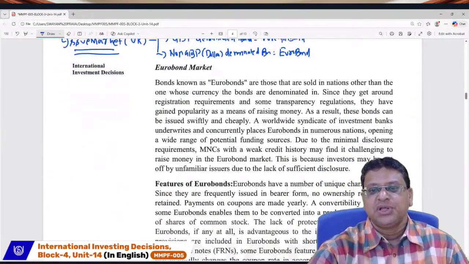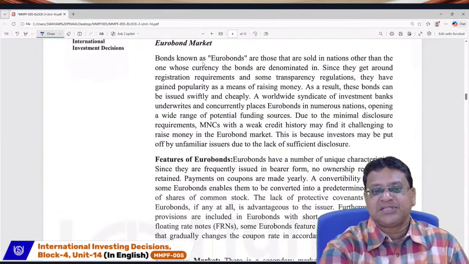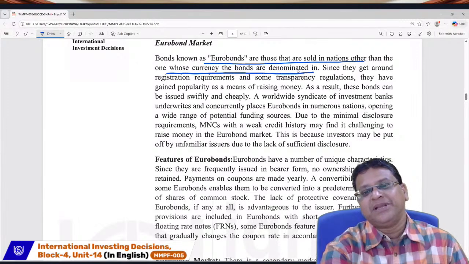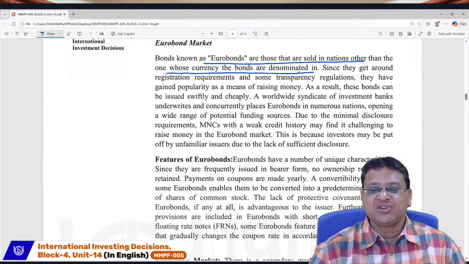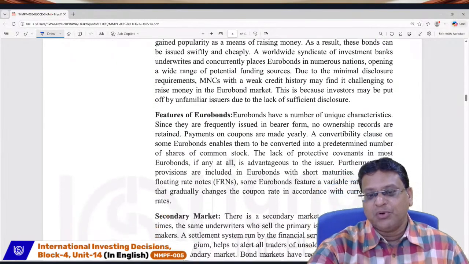What are Eurobonds? Eurobonds are those that are sold in a nation other than the one whose currency the bonds are denominated in. I have discussed what is Eurobond. Okay, what are the features of Eurobonds? Following are important features of Eurobond.